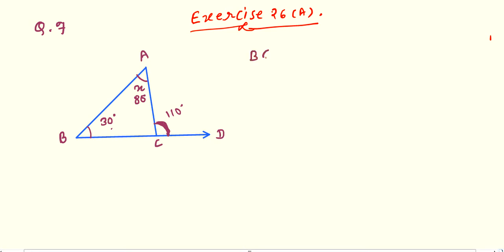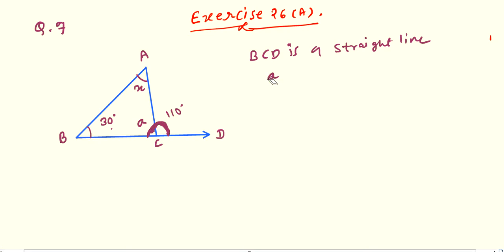As you can see, BCD is a straight line, and in BCD 180 degrees is at C. So this is angle A, angle B and angle C. We don't know the value of this interior angle C, so let this angle be small a. BCD is a straight line and in BCD the middle point is C. So there is a straight angle at C. These two angles are making a linear pair.